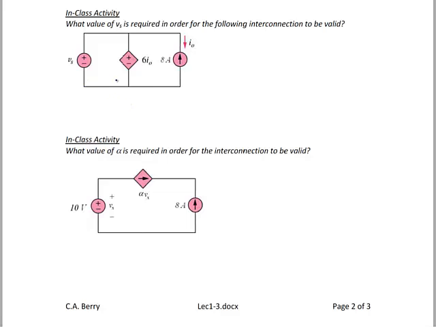When you have 3 elements that are connected on both sides, at the top and at the bottom, I'm circling their connection points. These 3 elements are said to be in parallel. When elements are tied together on both sides, they're in parallel.